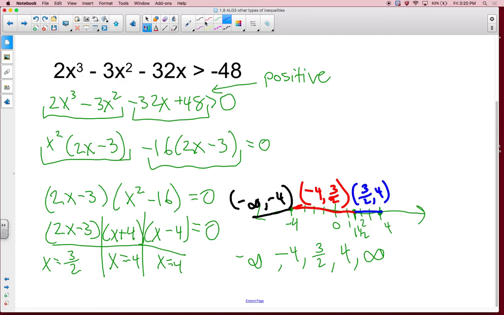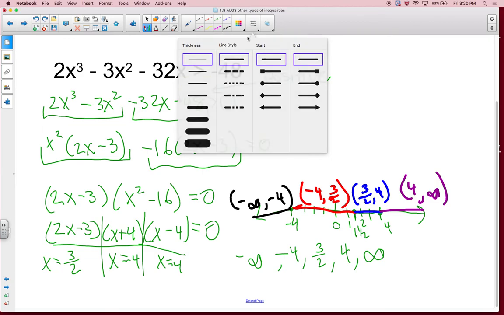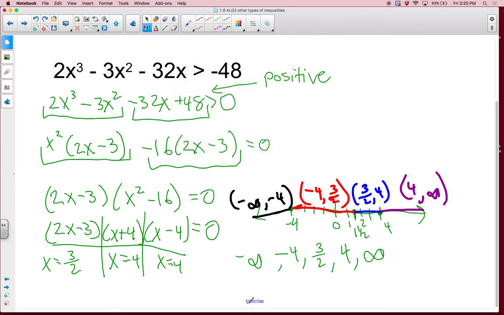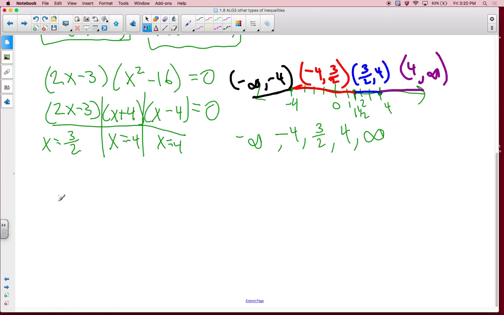Okay. The next one will be from 1.5, or 3 over 2, all the way to 4. And then the last one will be from 4 to positive infinity. Okay, so this should also help you determine what x values to test for. So I'm going to write my intervals down. Intervals, here we go.